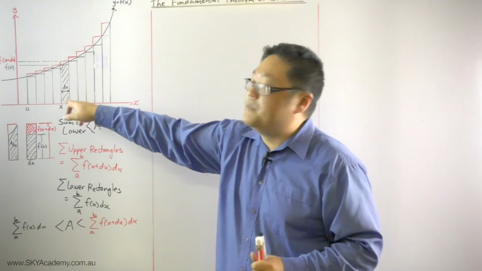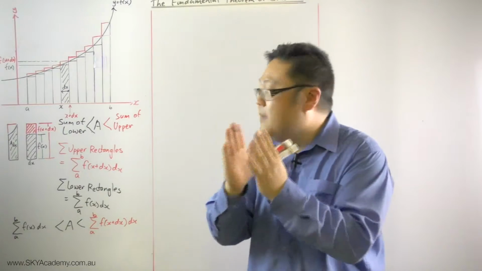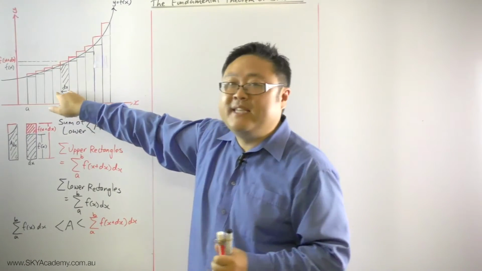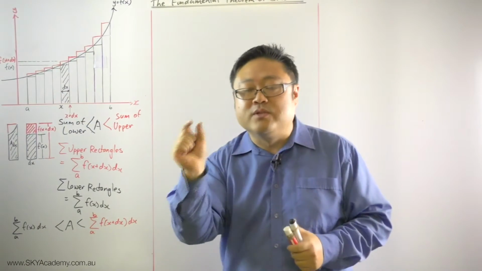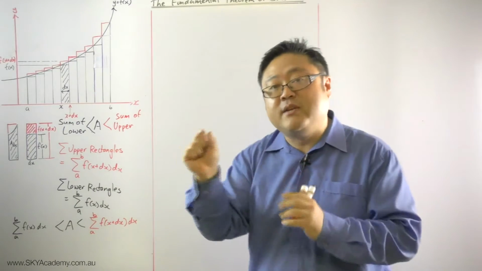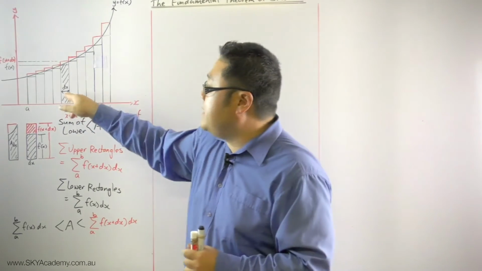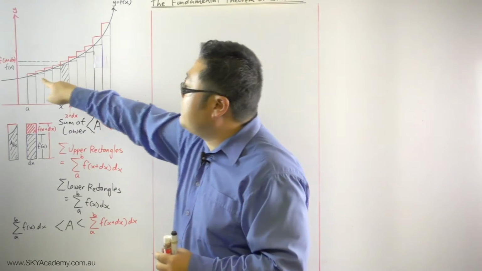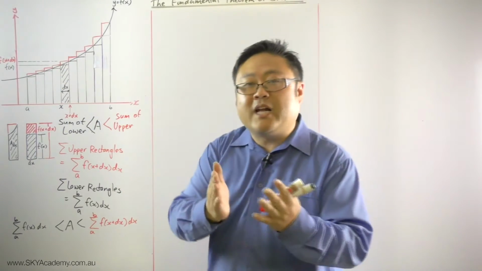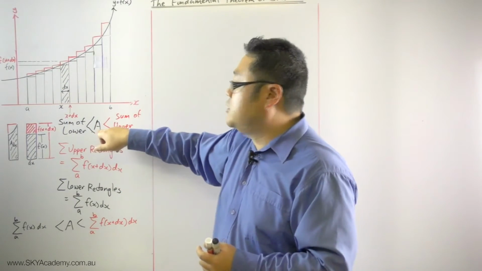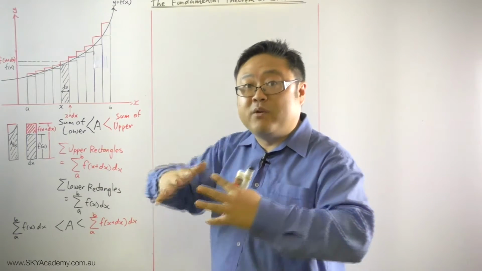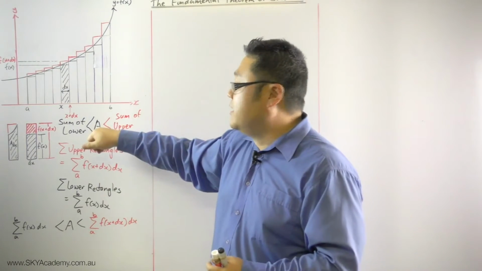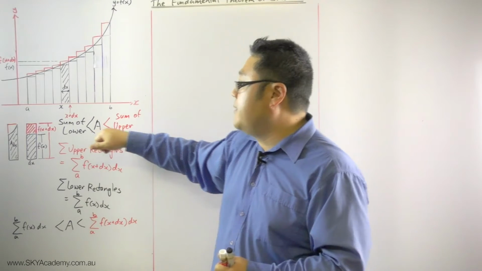As the strips get narrower and narrower, let's say we make dx approach, in the limit, 0, what that means is that the area of the lower rectangles will get closer and closer to the actual area. It'll get bigger and bigger to the point where it approaches the actual area.